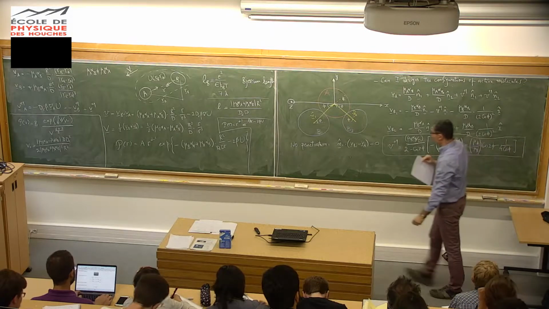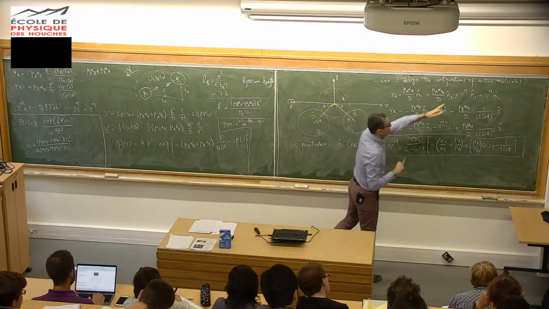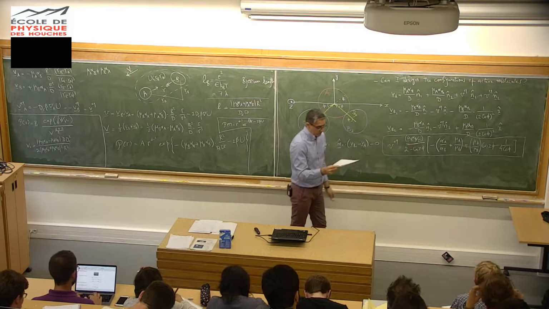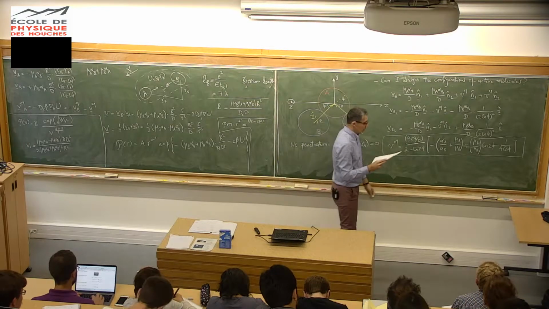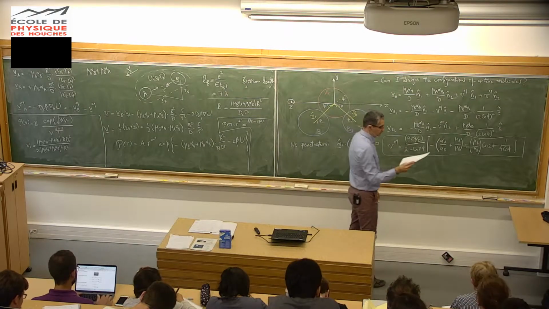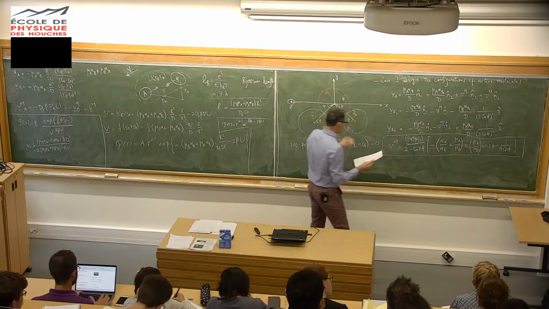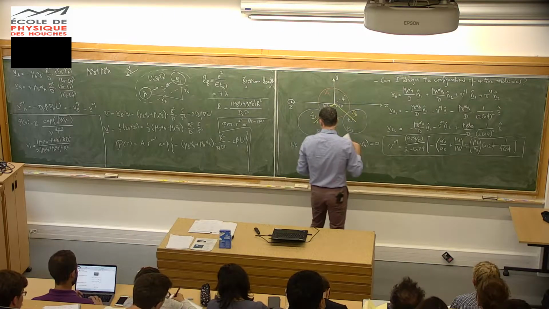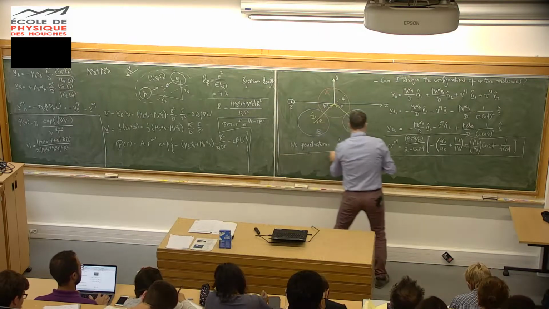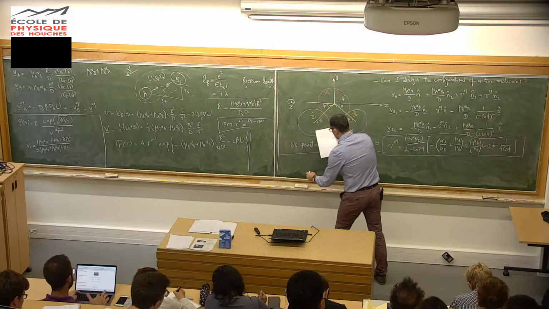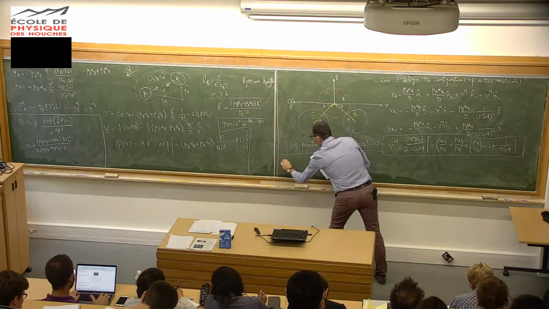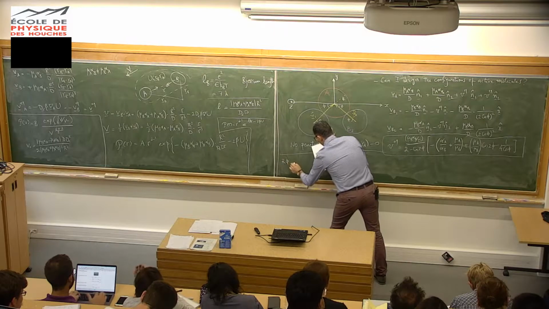So this is the equilibrium. I can put it back here and basically use it to calculate an expression for the time derivative of this angle phi. Essentially, I will define it as follows.